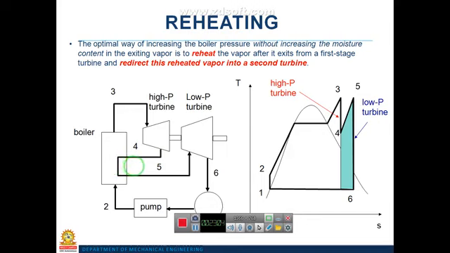Again it is sent into the low pressure turbine, where isentropic expansion is done from 5 to 6.